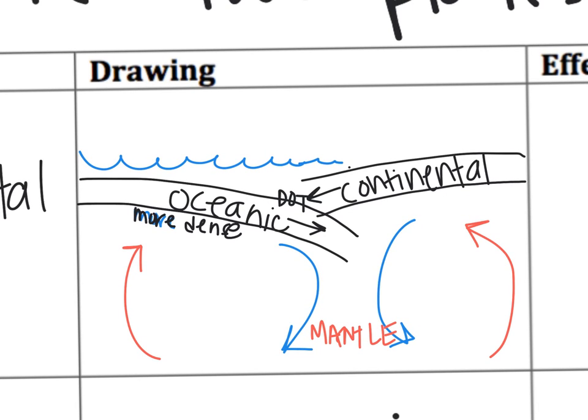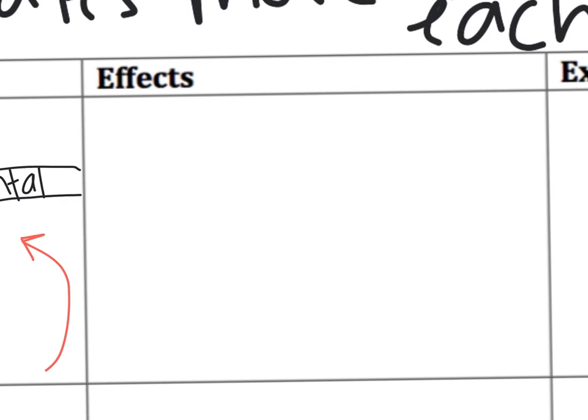Over here, there always is volcanoes, and that's because this is coming down and it's melting and it's sending that really hot magma up, and it's coming up and it's bubbling through the volcanoes. And the process that happens here at this deep ocean trench is subduction. So let's write all of that out here. Got a deep ocean trench.